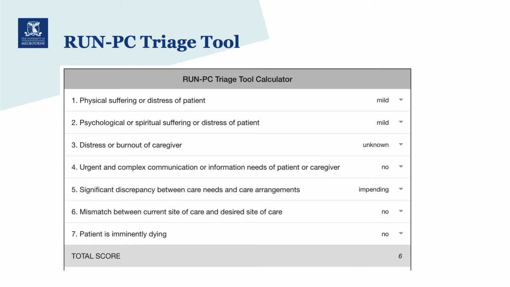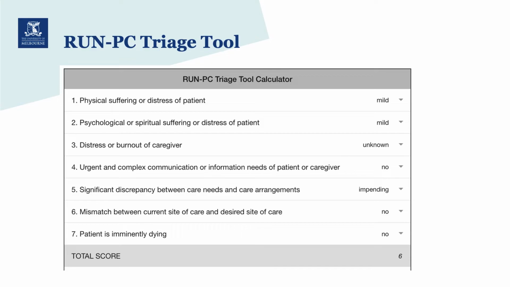This discrepancy between care needs and care arrangements is impending. So when that next cycle of chemotherapy comes, that would really be flicking over to current, but at the moment she's going to need that subcutaneous medication administration, but we might have a fair bit of time before the next cycle, and that's the information we need to gather.